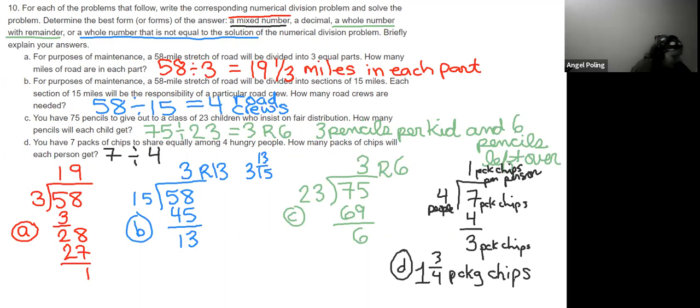If you had to write the questions yourself, you could turn it into a money situation so that you did have a reason to have decimals as an answer. And then you can see all the potential ways the remainder would work. So let's see.